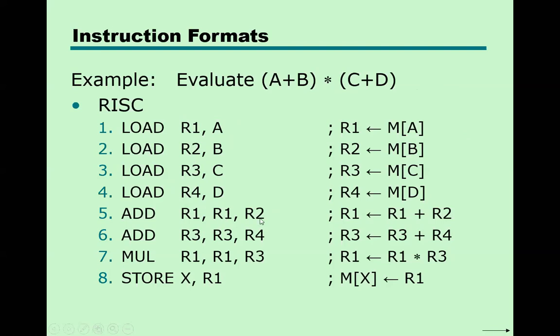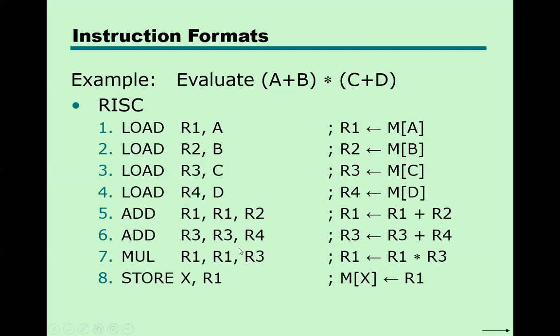After addition, the result is stored into R1, like this: R1 plus R2, and the result is stored into R1. R3 plus R4, the result is stored into R3. So R1 and R3 hold the additions. Now we have to perform a multiplication: MUL R1, R3.